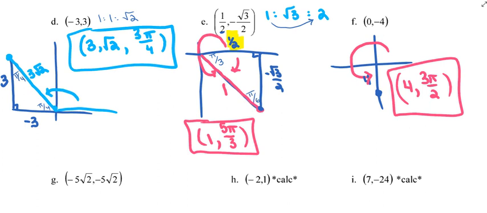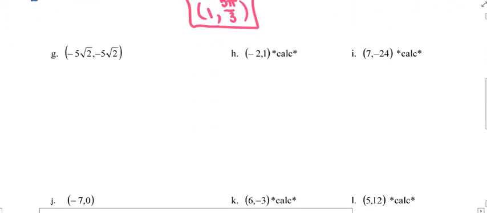All right, moving forward, letter G, negative 5 root 2, negative 5 root 2. So both coordinates are negative. That's going to put me in quadrant 3.